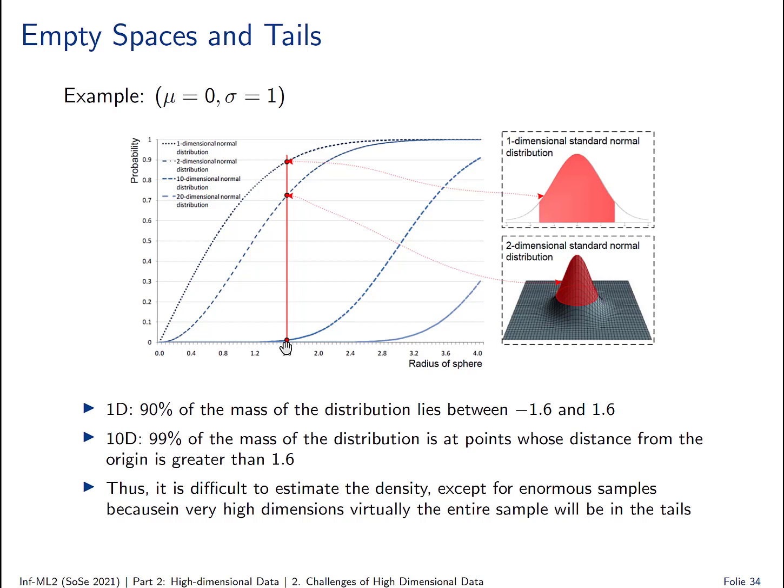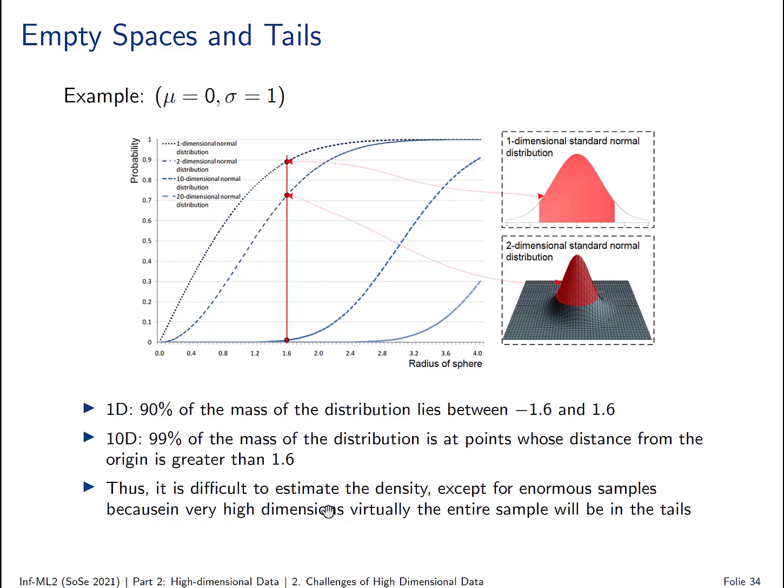So in low dimensions, most of the points have distances lower than 1.6 to the mean. In 10 dimensions, most of the points have a distance much higher than 1.6 to the mean. And in 20 dimensions, even more, and so on. So in 10 dimensions, even 99% of the mass of the points.